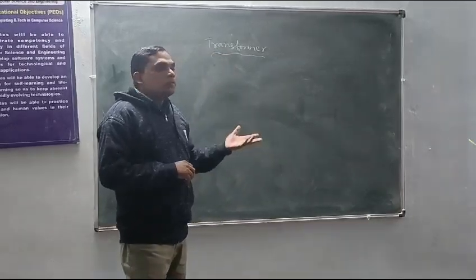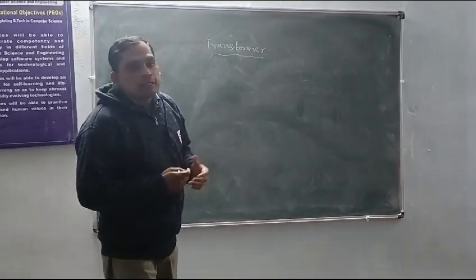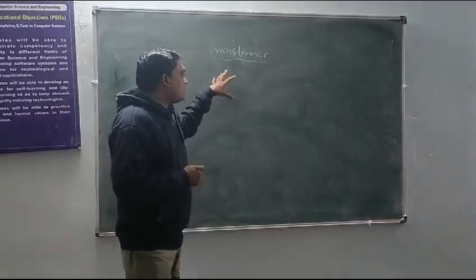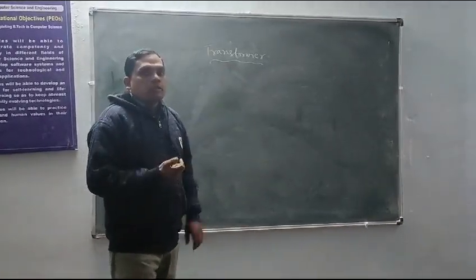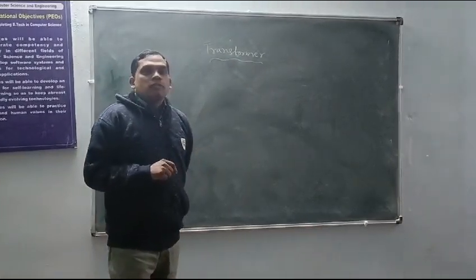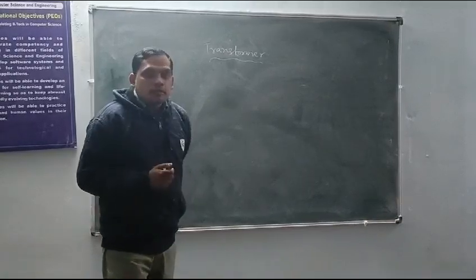That means obviously it has higher efficiency in comparison to other electrical machines, because it is a static device, so the frictional loss is totally zero. So the definition is: a transformer is a static device which transports electrical power from one circuit to another circuit.